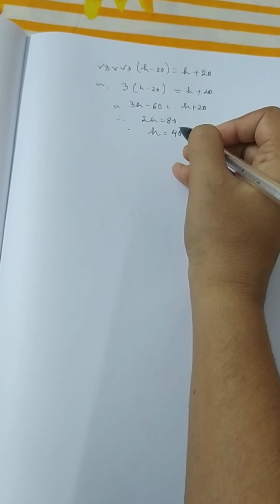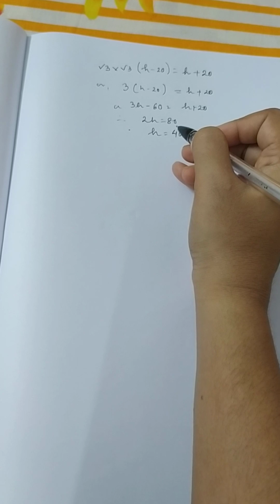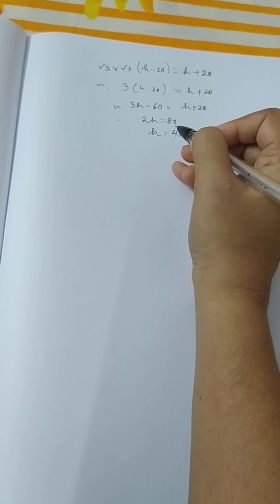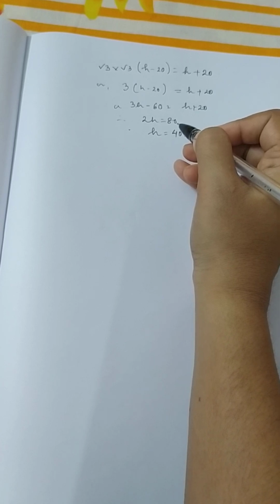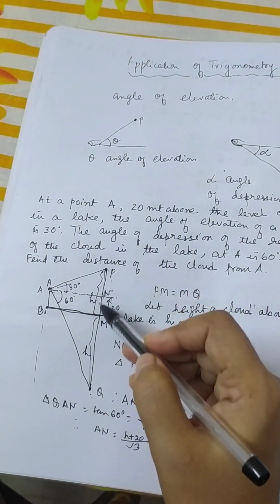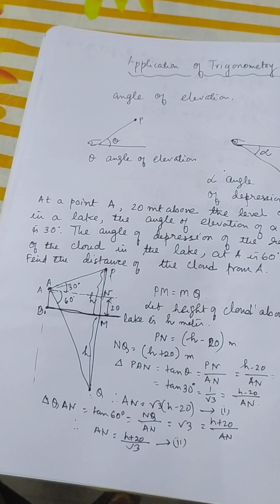Okay. Now we have to find out the distance of AP, which we still don't know. Now we know the height from the level of the lake up to the cloud. If we check the figure, we know this height, but we have to find out this part, right?